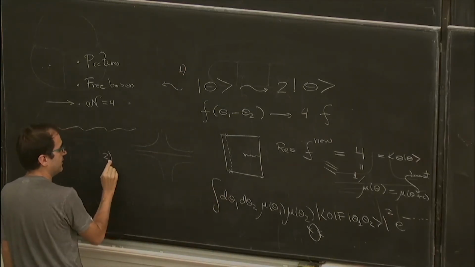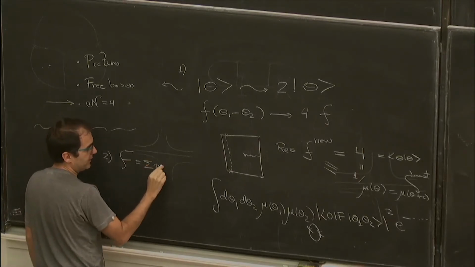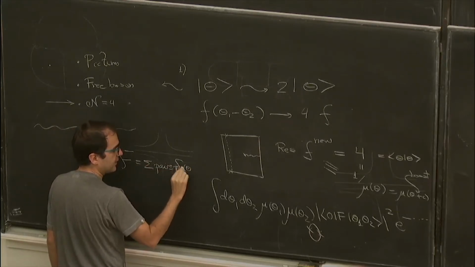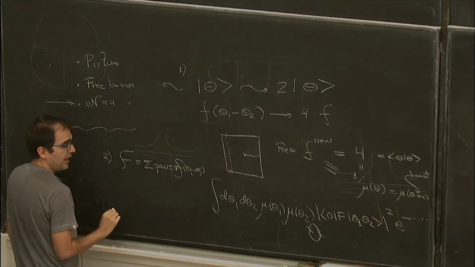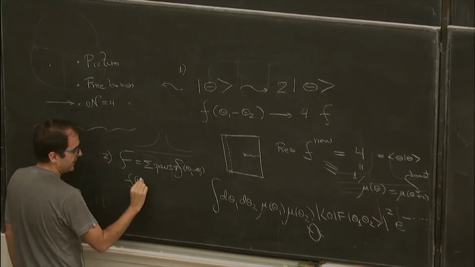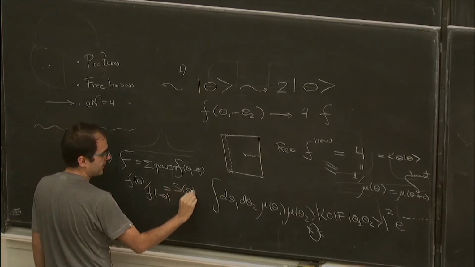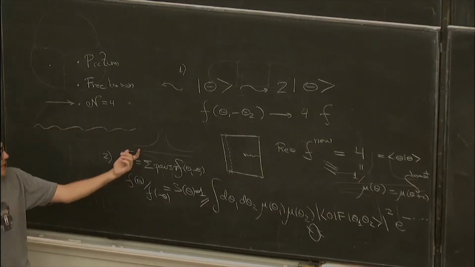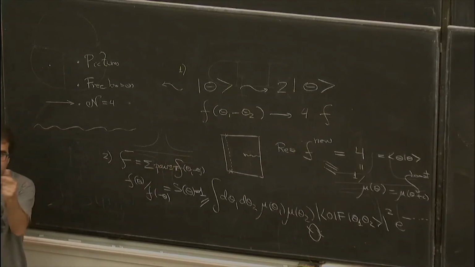The second comment is that when we wrote our form factor, it was a sum of pairs, of products of this f of theta i minus theta j. Because f of theta divided by f of minus theta was the S matrix of theta, which was equal to 1, because the S matrix was 1, this had the nice property that if you swap two particles, you get back the same thing with the particles swapped.